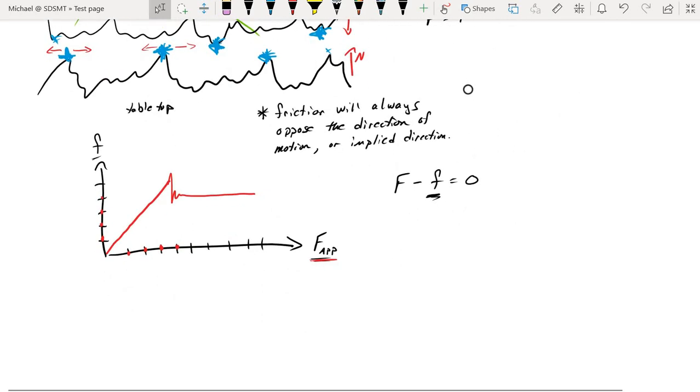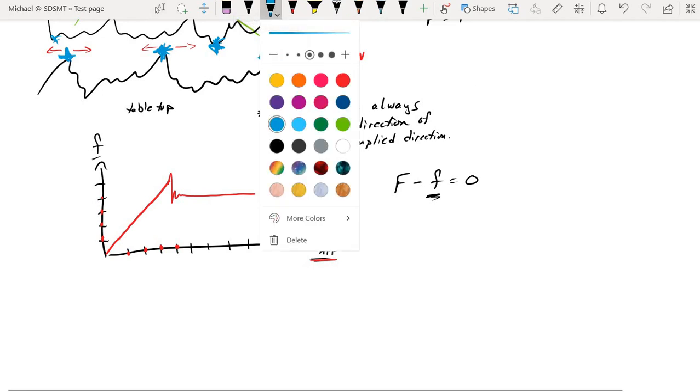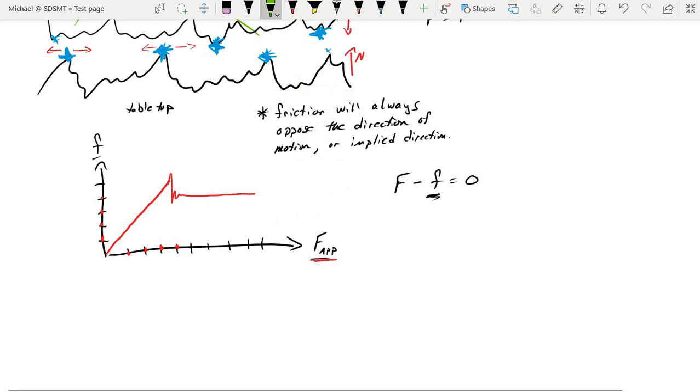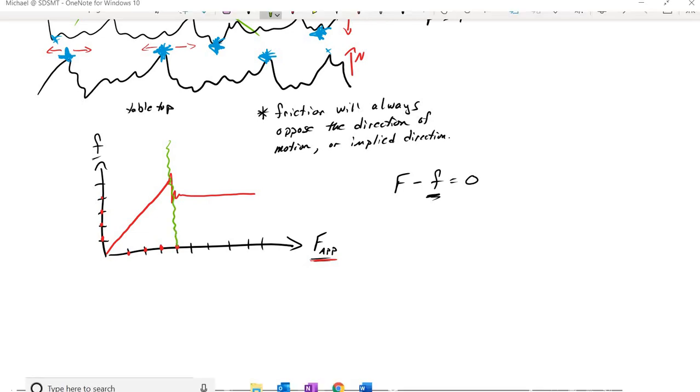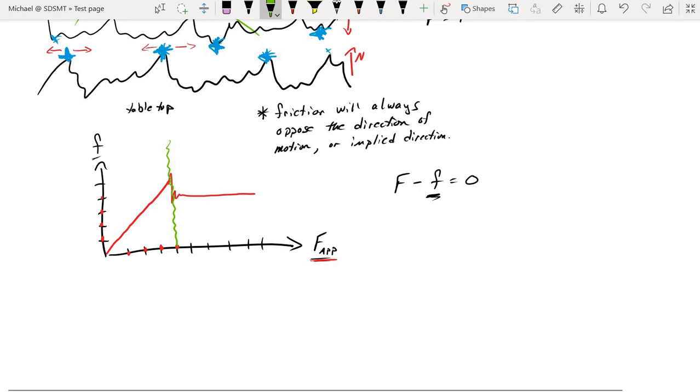And so this graph that we've just produced shows us that there are two distinct types of friction. There's the friction on the left side of the squiggly line that I've drawn, where our friction force is equal and opposite to our applied force, and there is no motion, there is no acceleration. And if you're not moving, then technically you are static.